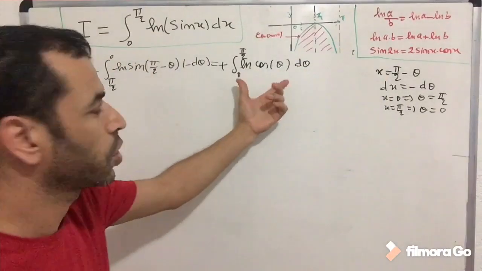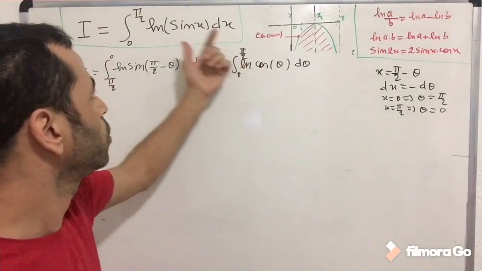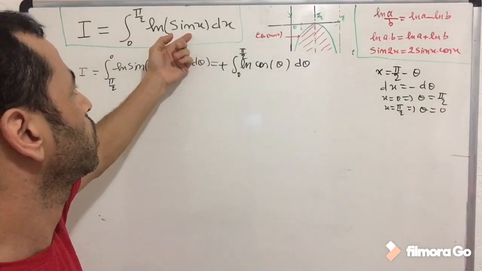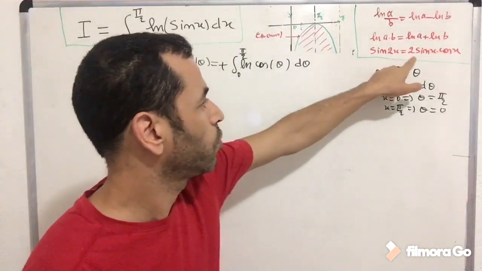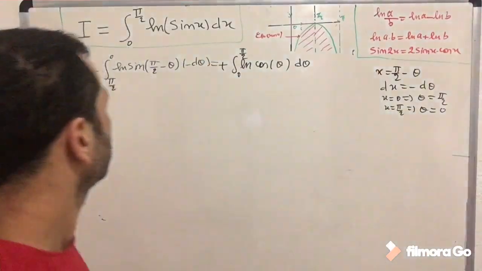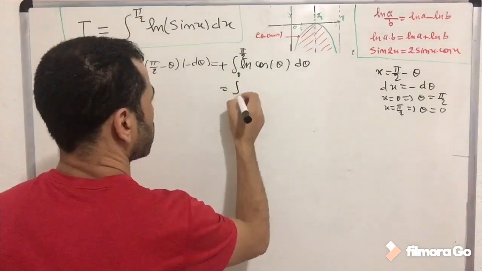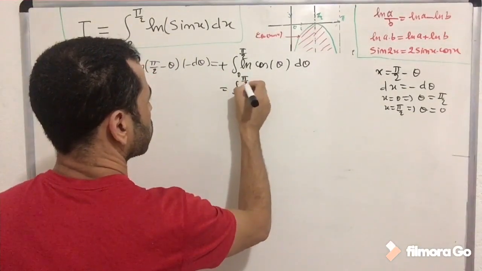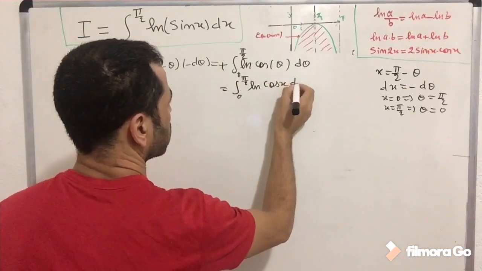How do we make this connection, how do we transfer this cosine theta into sine theta or sine x? We are going to use this in order to find it. You can also rewrite it in this form, the integral of natural log cosine x dx.